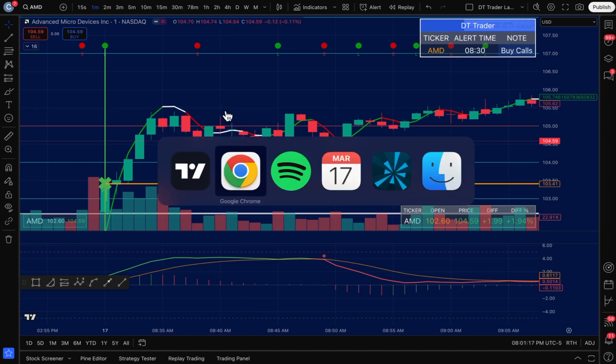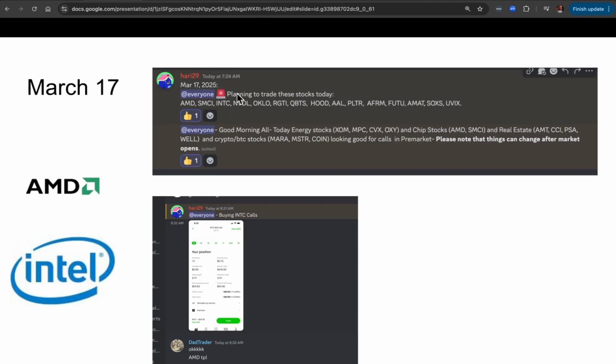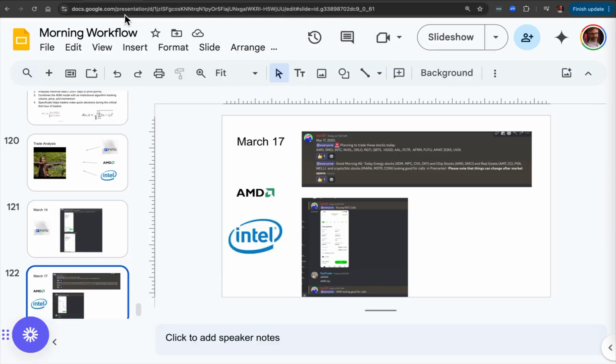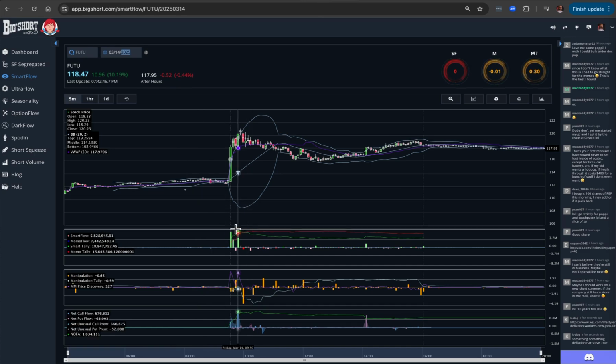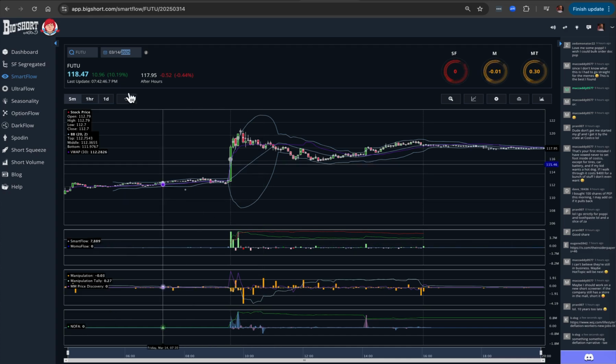The other thing I just wanted to mention really quickly is if you take a look at Harry's trades in Big Short, this is Futu from 3/14. For those of you that know Big Short, you can see quite instantly that Futu is trading above zero for both net NOFA, or net option flow, as well as smart money, and even retail was trading Futu.